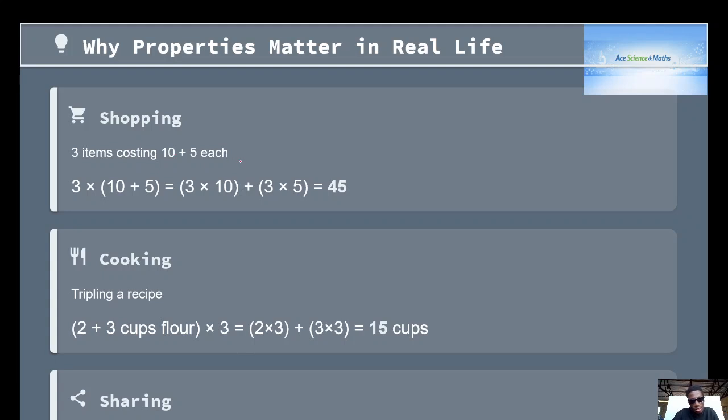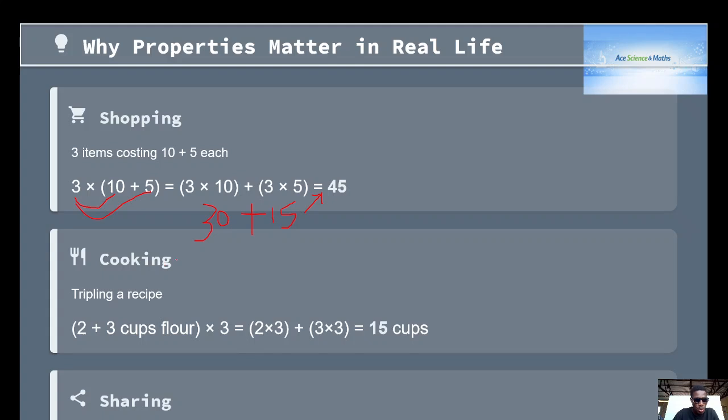With your mathematical knowledge and the properties, you just distribute the 3 to the 10 and the 5, and then you will arrive at your answer: 30 plus 15, giving you 45 cedis or dollars. So this is how we can apply these properties in our real life.